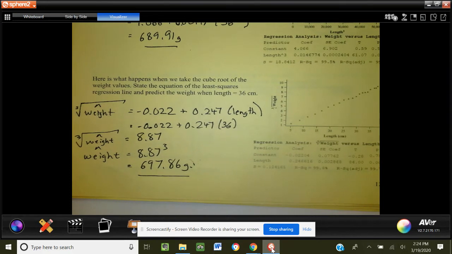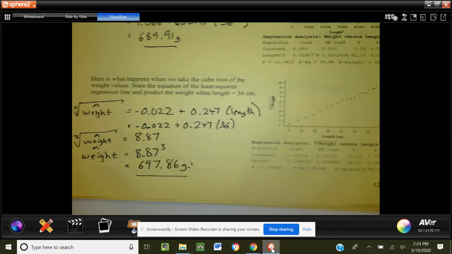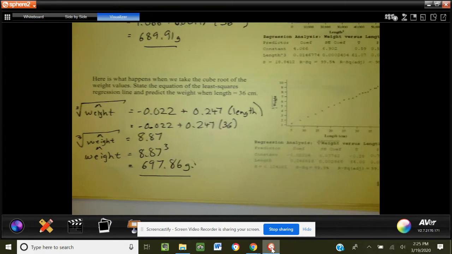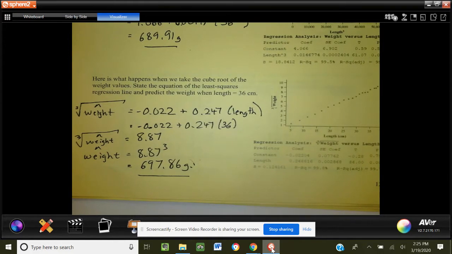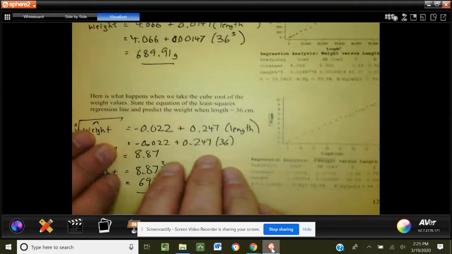And with some of the stuff with doing transformations and strengthening associations, in some cases it's just a matter of trying different types of models and types of transformations and seeing what gives you the best fit. And again, looking at S, looking at R squared are great ways to assess that fit. All right. Okay, last page of the notes.